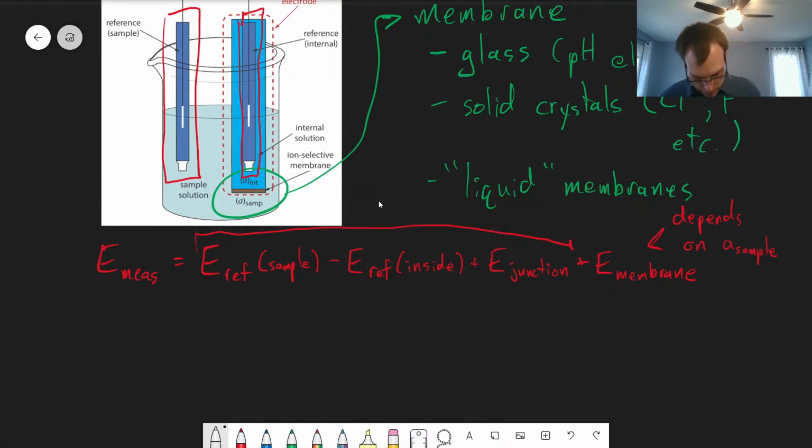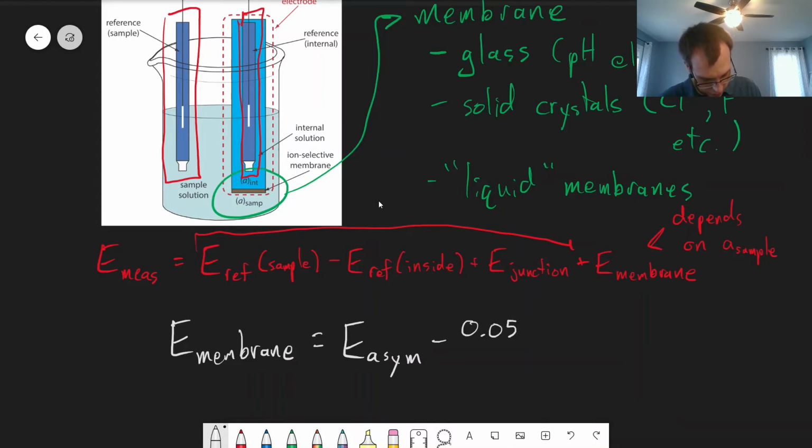E membrane will be equal to some, now we don't have a standard potential for the membrane, but we'll call this E asymmetric, minus, and we can write out the next term, 0.05916 volts divided by n.